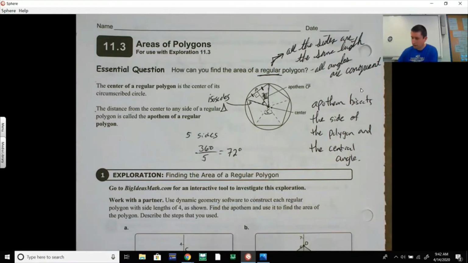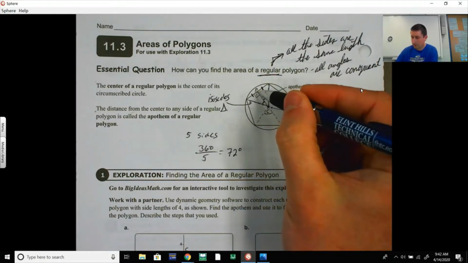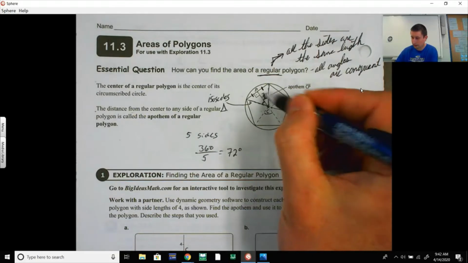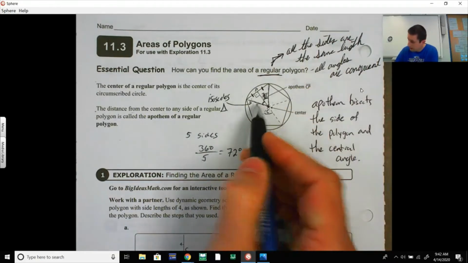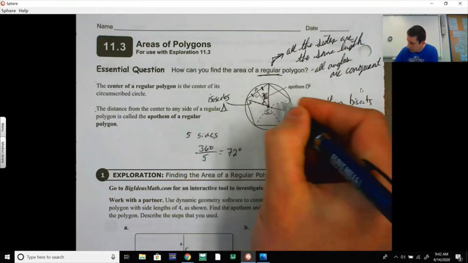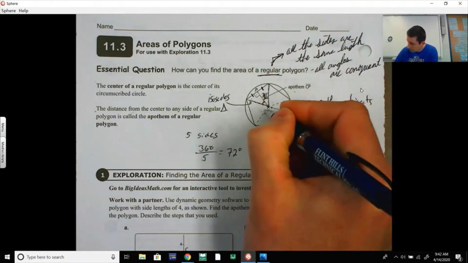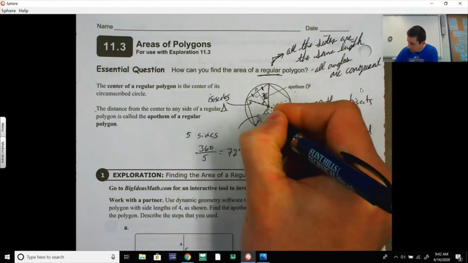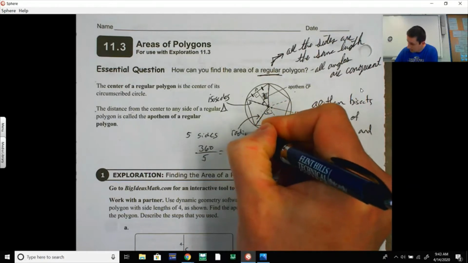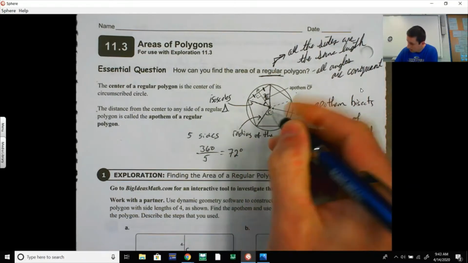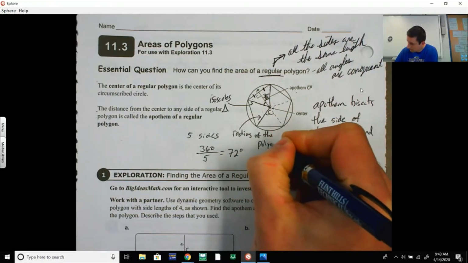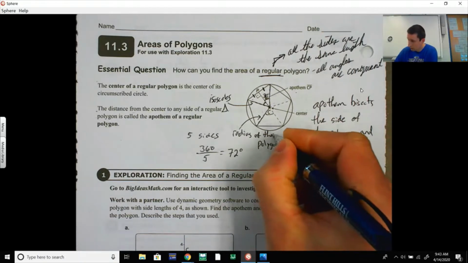Okay. So that's the terminology. The apothem is new. The apothem does a lot of bisecting of the central angle and the side. This right here, if you're looking at this, this is called the radius of the polygon. And the radius goes to a vertex.